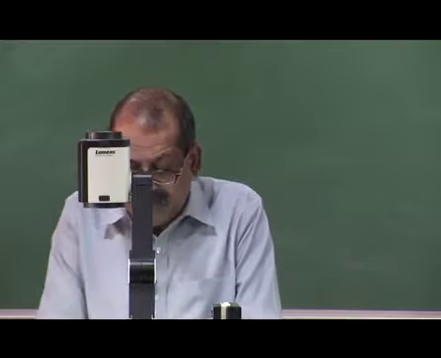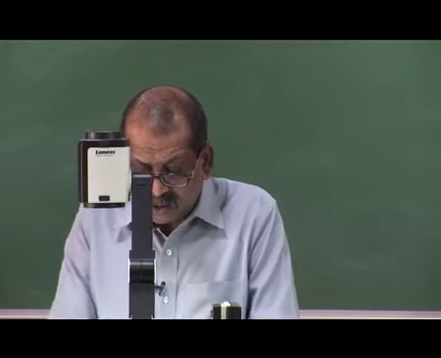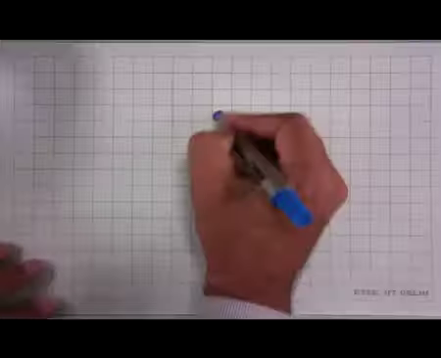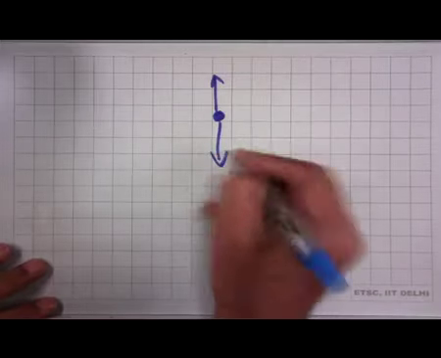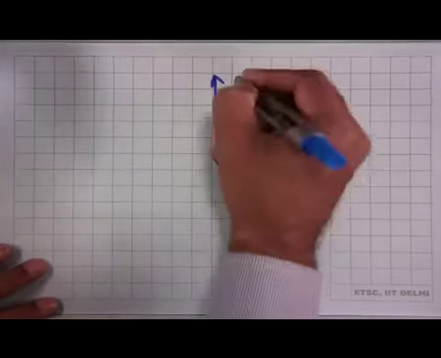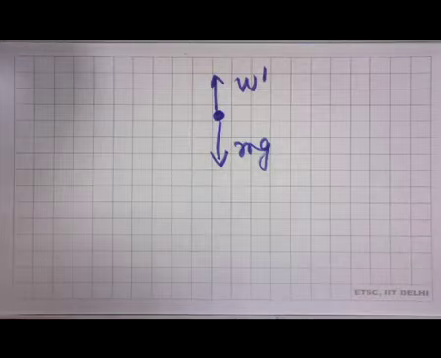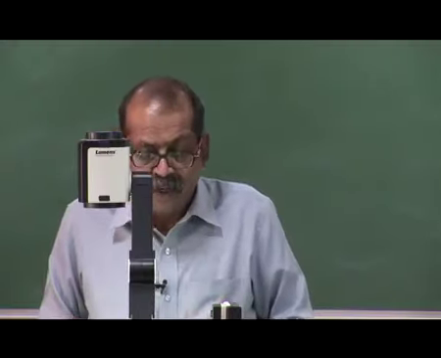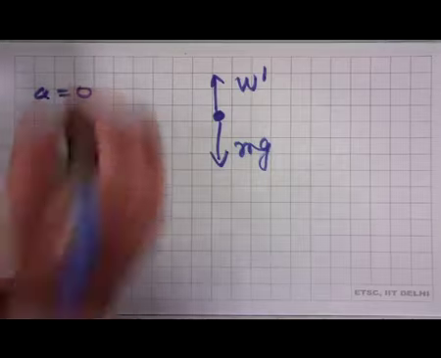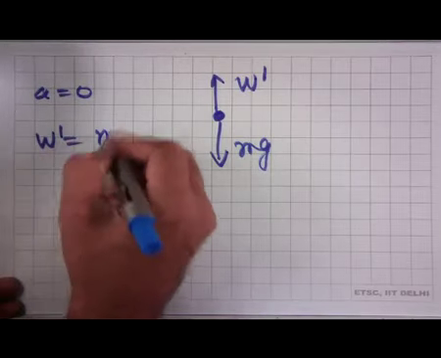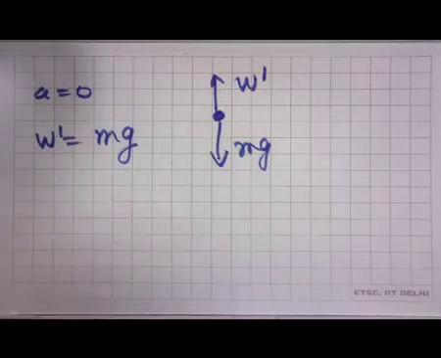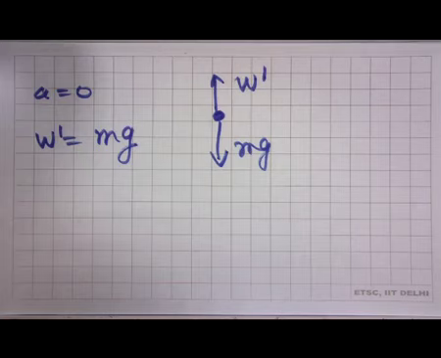So, now when acceleration is equal to 0, the free body diagram in all cases will be N and mg, and I am replacing N by W prime because N is equal to the reading which will be shown. Now, when acceleration is equal to 0, we get W prime is equal to mg. So, the weight which the scale shows is my weight, which is correct.